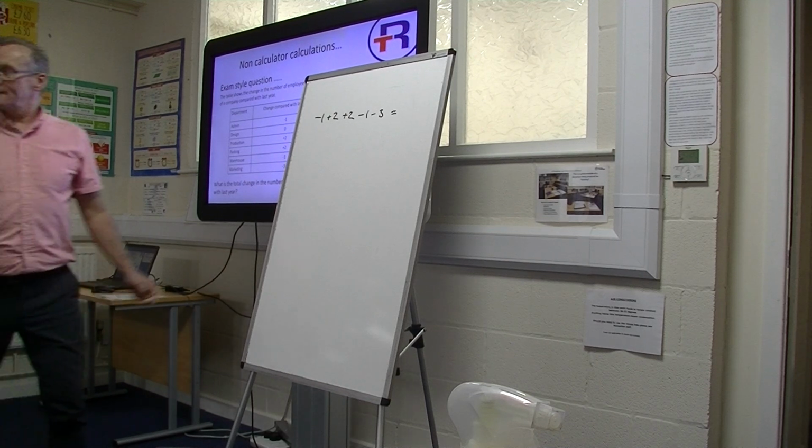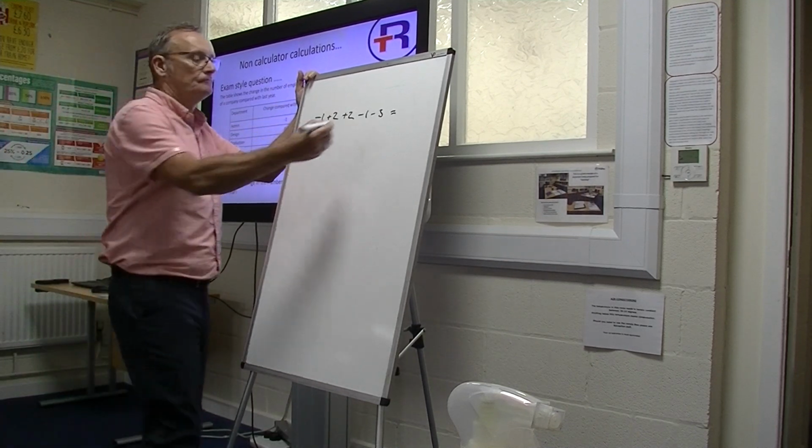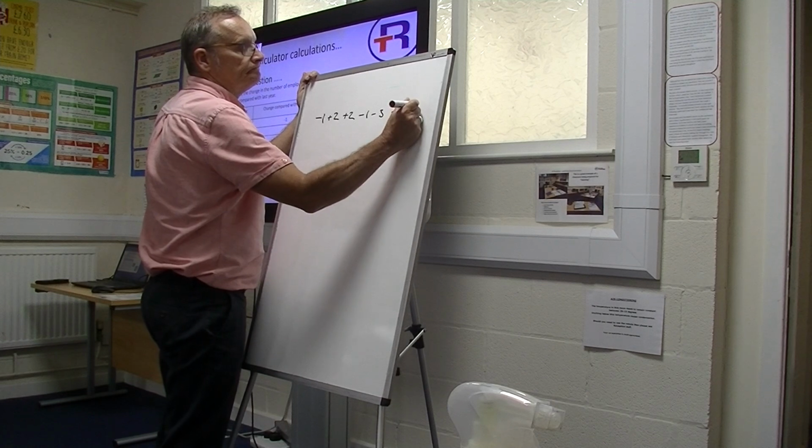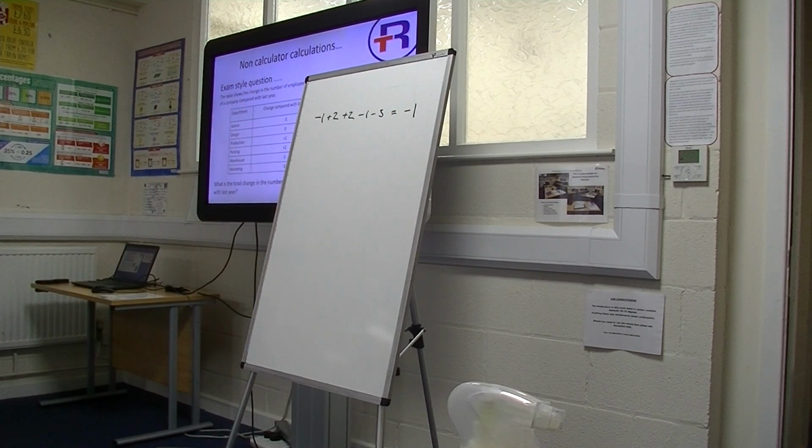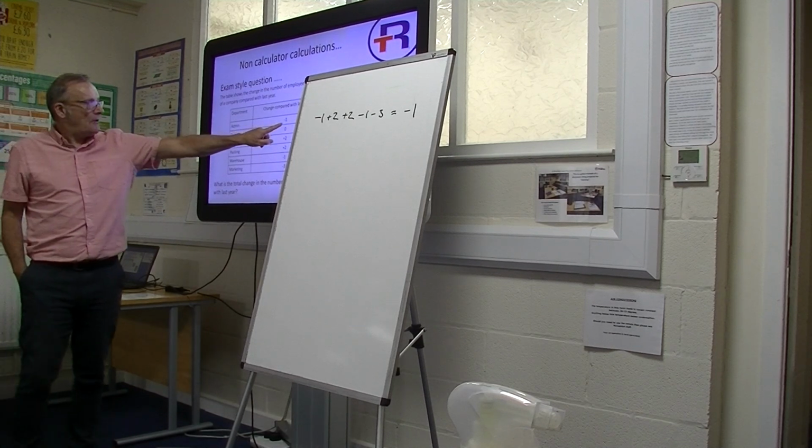I'm going to put my answer on what I think it is. I've been known to be wrong in these classes. I've come -1. Has anybody else got the same answer? No. So let's think of our number line. Put your pen on -1.